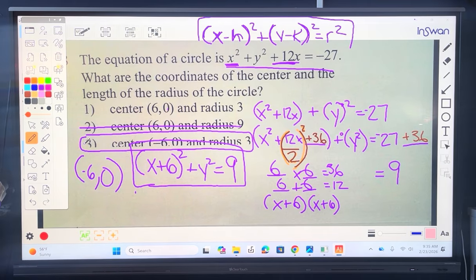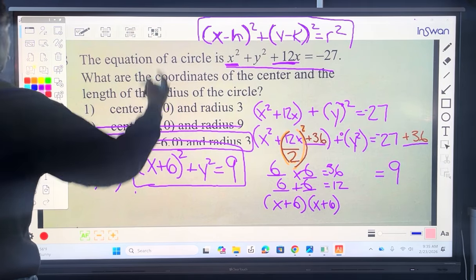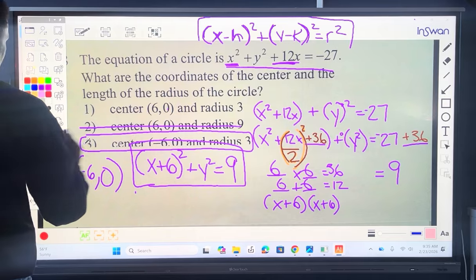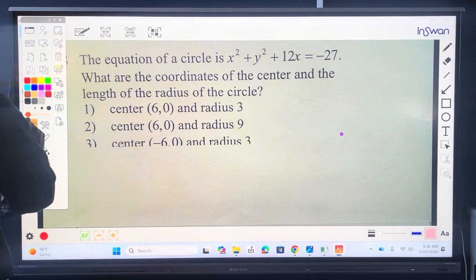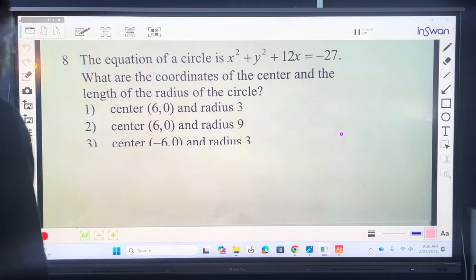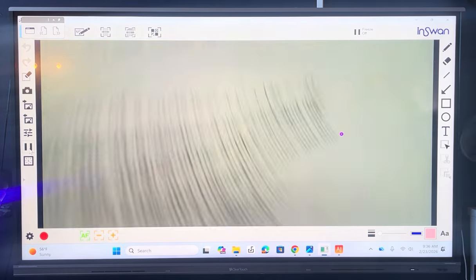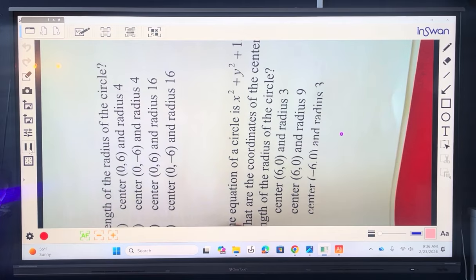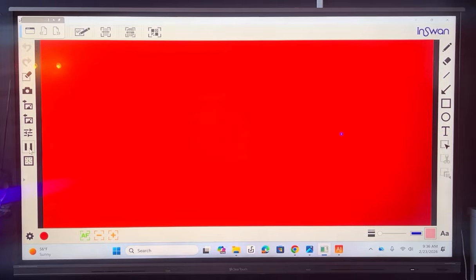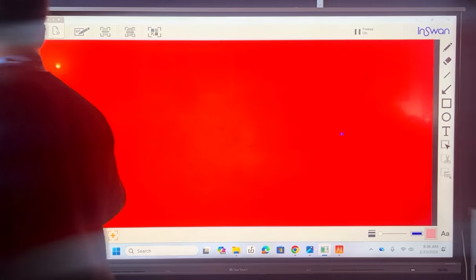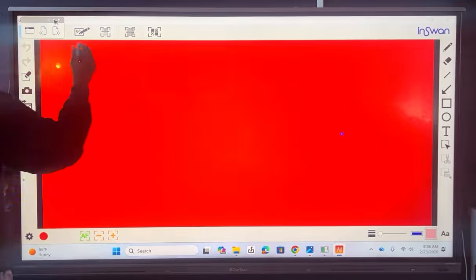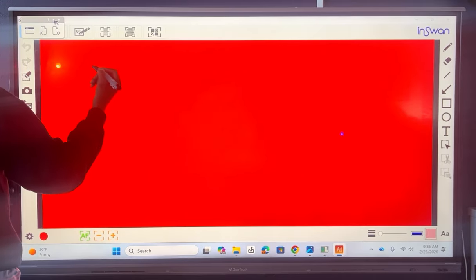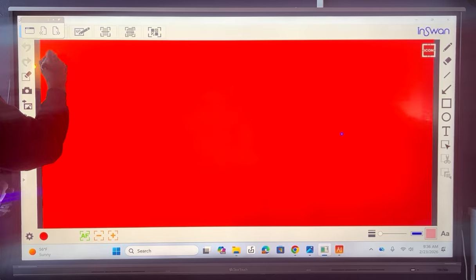So look. Our answer, our shape became x plus 6 squared. So hold on. Stay with me. This is how this is about to lead into today's lesson. Ready? Watch. Somebody give me that formula for a circle again.